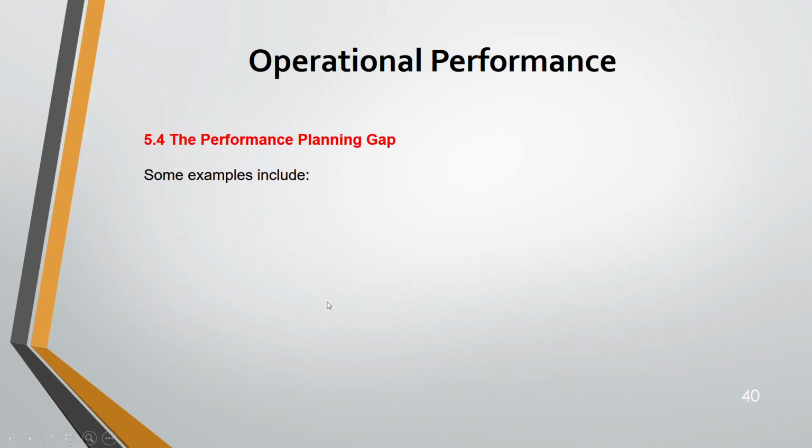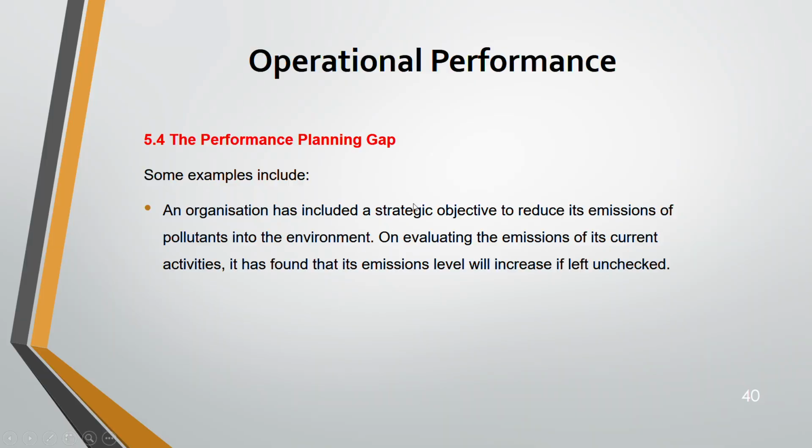So now some examples of this gap. An organization has included a strategic objective to reduce its emission in the environment. Okay, so when you're evaluating the emission of the current activity, you have found that your objective was to reduce the emission, but when you're checking, you have found out the emission level is increasing only.